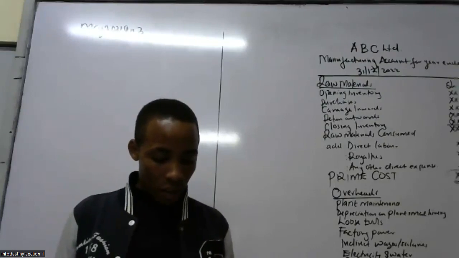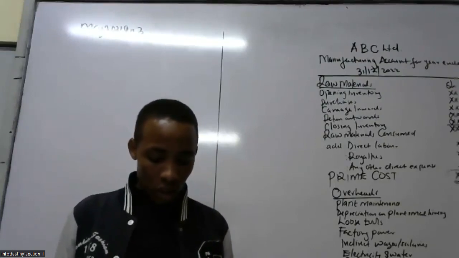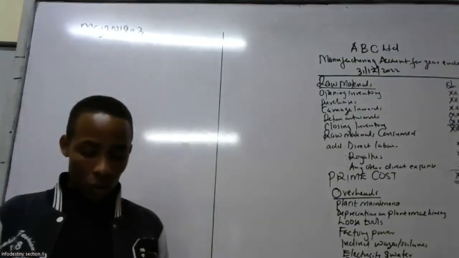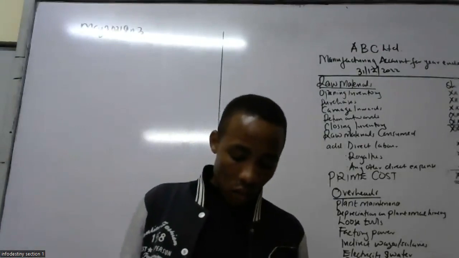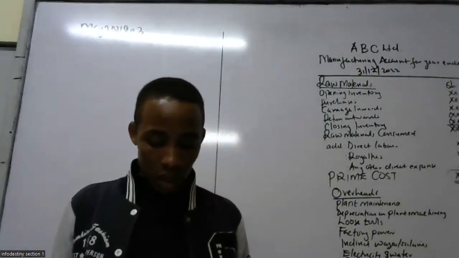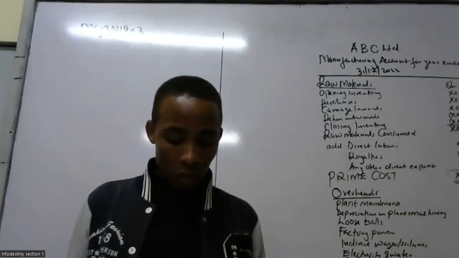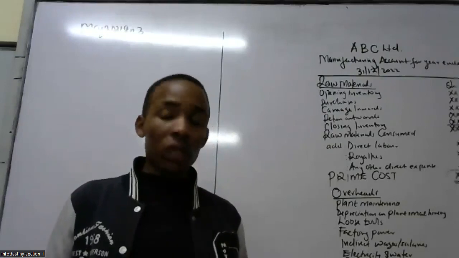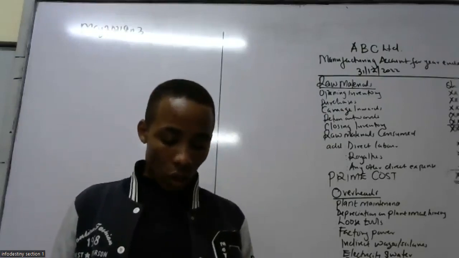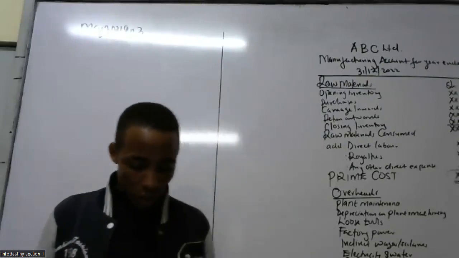Then we have administrative expenses: rent, electricity, stationery and postage, and also the staff salaries. We've been given the sales. We have plant and machinery at cost, and also its accumulated depreciation. And also we have motor vehicles, which were for deliveries, with their cost and accumulated depreciation as at the beginning of the year.